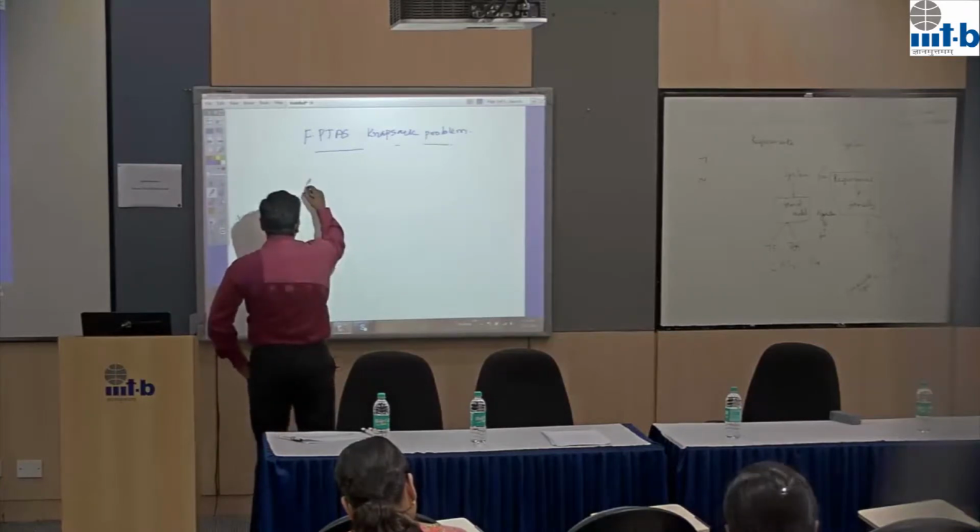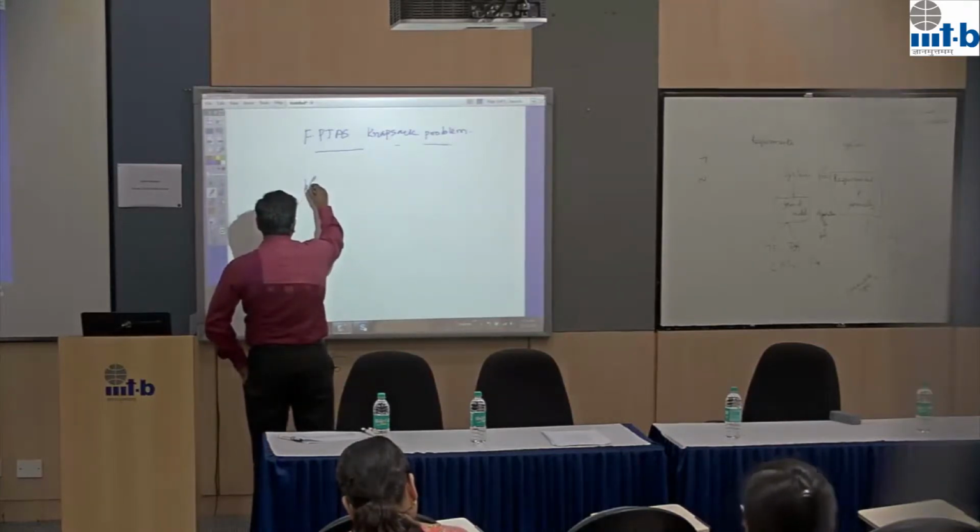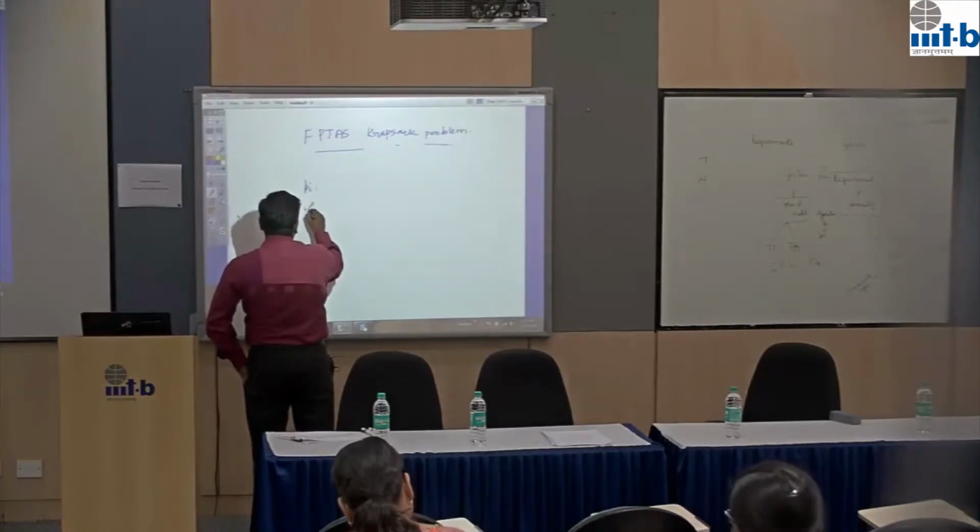You have n items, each of them has a weight associated with it and a profit associated with it.